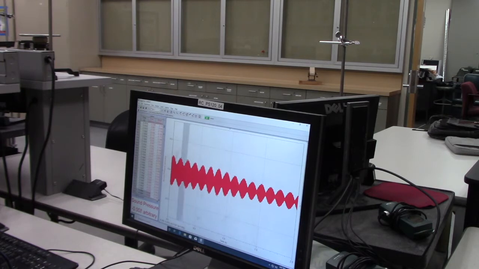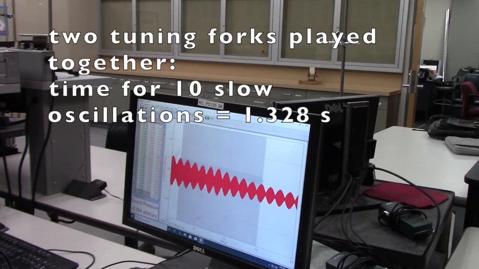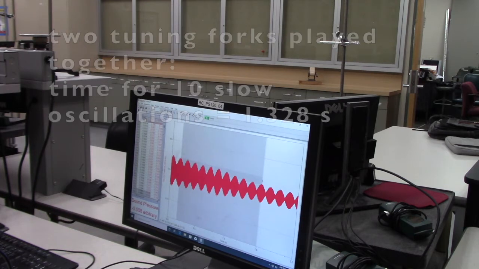So that's one beat, 2 beats, 3, 4, 5, 6, 7, 8, 9, 10. Okay, so that's 10 beats. The time it takes to undergo 10 beats is 1.328 seconds.